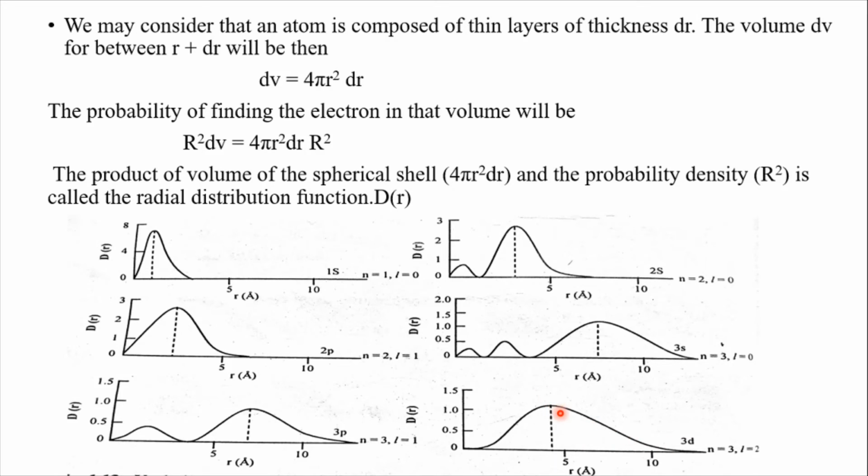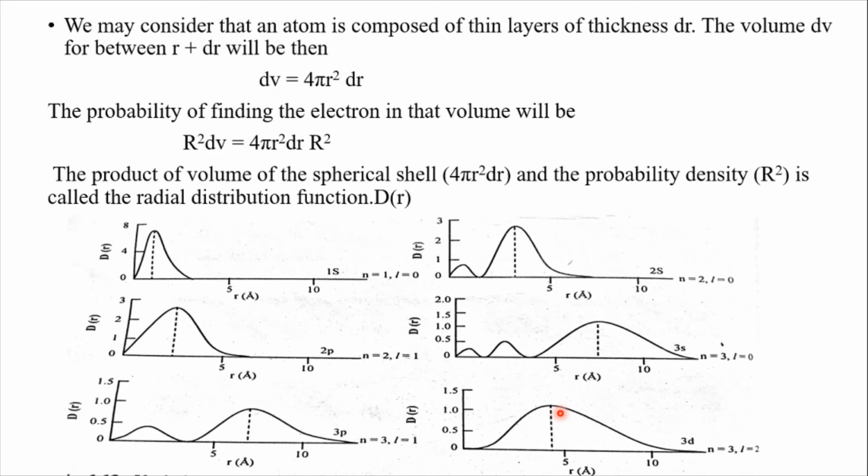This is the observation. The next observation is, according to the wave mechanical model, the 1s electron is most likely to be found at a distance of 0.53 angstrom from the nucleus. This distance is obtained from the time-independent Schrodinger equation for the hydrogen atom.